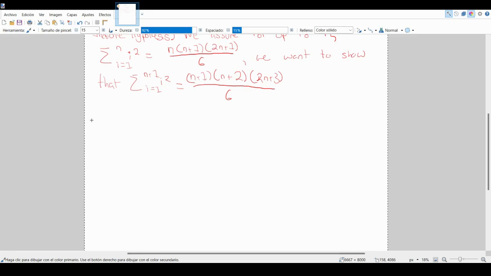To show this equality here, we are going to note that n plus 1 squared is equal to this: the sum of all squares up to n plus 1 minus the sum of all squares up to n.